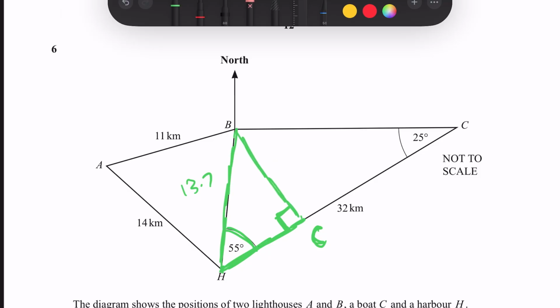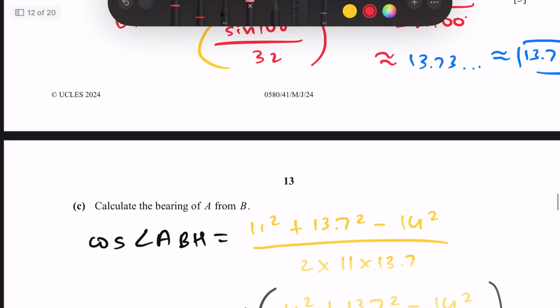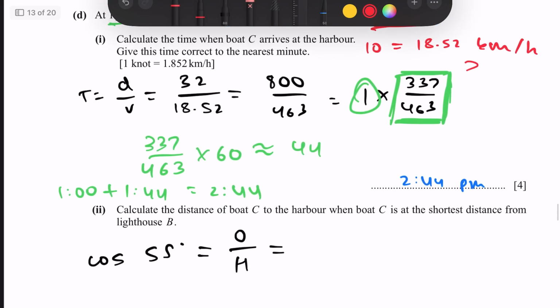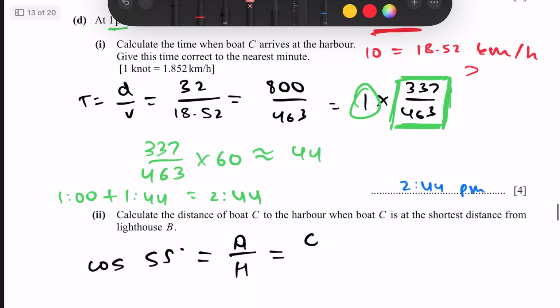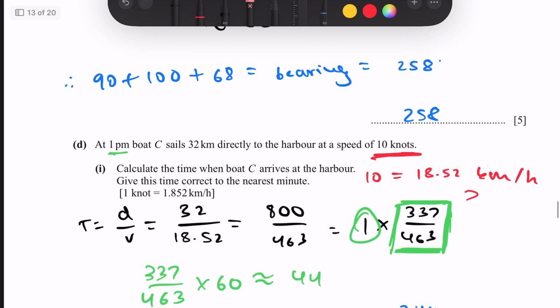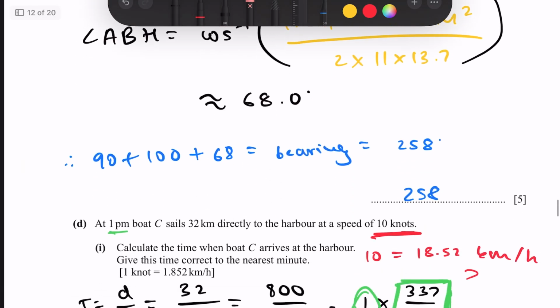The distance of C to the harbor would be equal to this over here. And we have the hypotenuse, and we have the adjacent. We don't need the opposite in this case. If we reference SOHCAHTOA, we have A and H, and we have the angle. So we'd use cos. So cos 55 degrees is equal to adjacent divided by hypotenuse, which is equal to CH, representing the distance from C to the harbor, divided by the hypotenuse, which is 13.7.